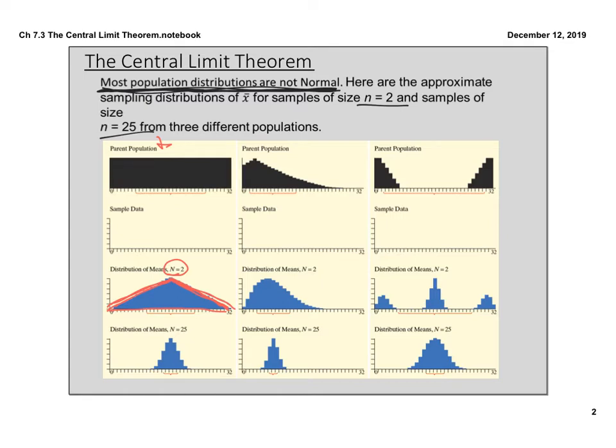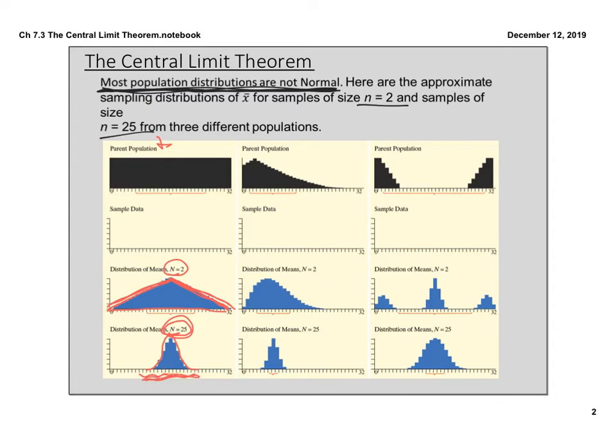But anyways, it's still symmetric. I would still say there's a peak in the middle. But when you increase the sample size up to 25, now take a look at your distribution. Now it starts to take on a little bit more normal tendencies. So when you're looking at sampling distributions and you increase your sample size, you tend towards a normal curve.